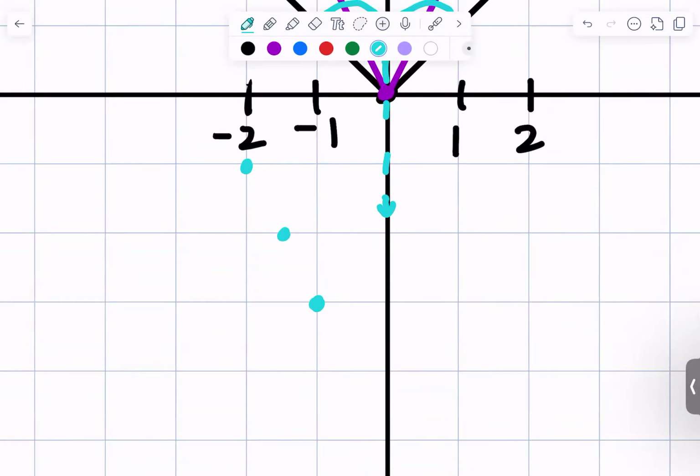So if I use this line here as my mirror, that's a half unit, so there's my other point. Here's 1 unit, so here's my other point. That make sense? So there's my graph there.